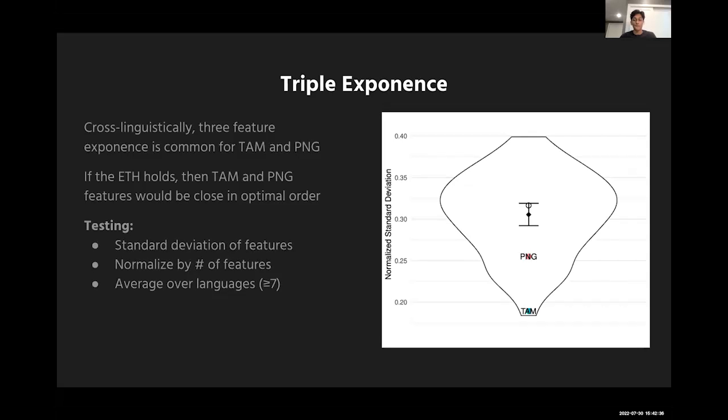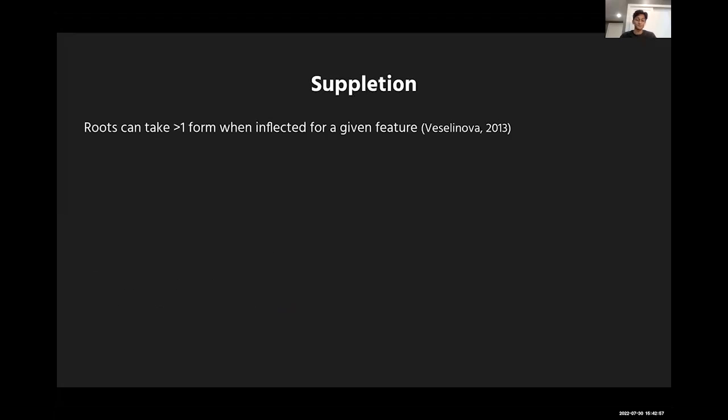You can see this plotted here where the standard deviation is on the y-axis. Tense, aspect, mood, and person, number, gender are both lower than the average standard deviation by 3 features, and this is significant by t-test. So essentially this confirms the hypothesis of the ETH.